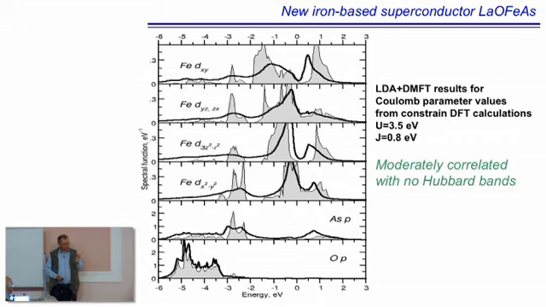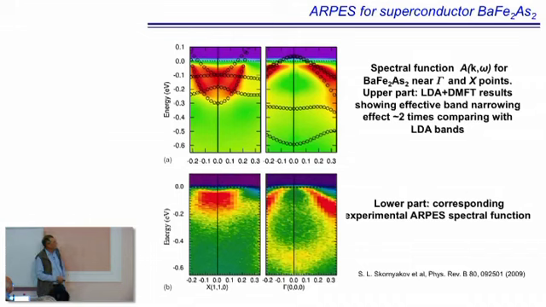And an important story: it's very far from the metal transition, very far from the Mott transition. So while usually you have strongly correlated materials on the edge of the metal transition, here it is not. It is very far from the Mott transition, but it is moderately correlated. So that is, again, a comparison of the RPS with calculated DMFT bands.